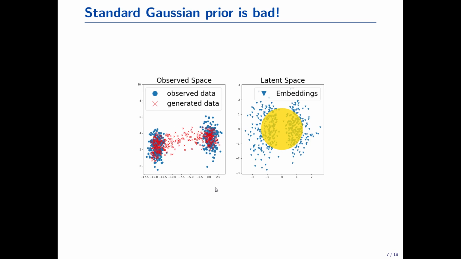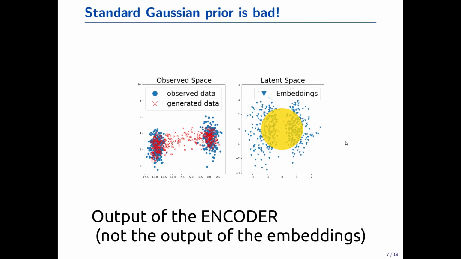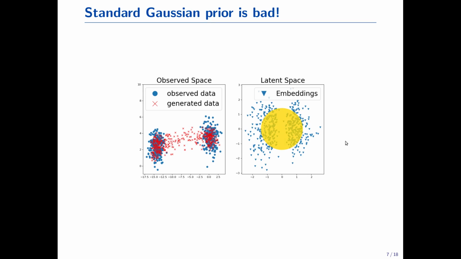But there's a very easy fix to this. If we can somehow match this prior distribution and the output of the embeddings, we can get much better generation performance. As we can see here, we have a mixture of Gaussians, like 2 masses where there's substantial probability mass.